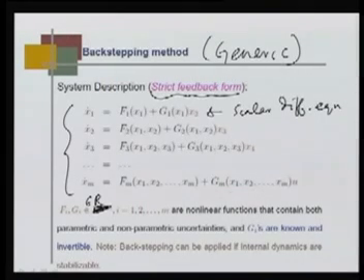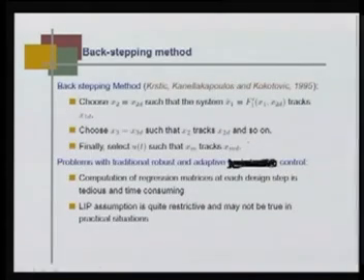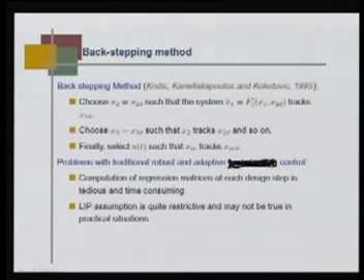You see that x1 dot is represented in terms of x2, x2 dot in terms of x3, x3 dot in terms of x4, until xm dot is represented in terms of the external control action. The backstepping method was originally given by Krstic, Kanellakopoulos and Kokotovic in 1995.